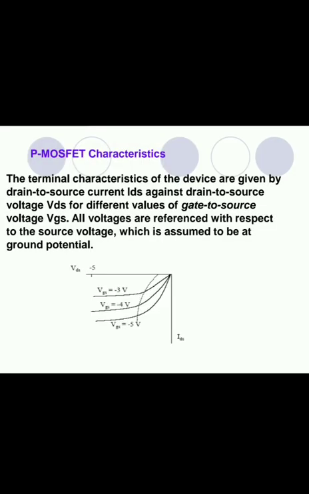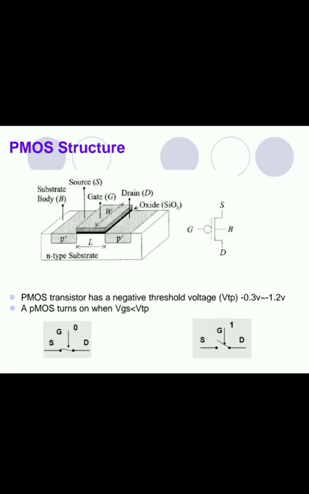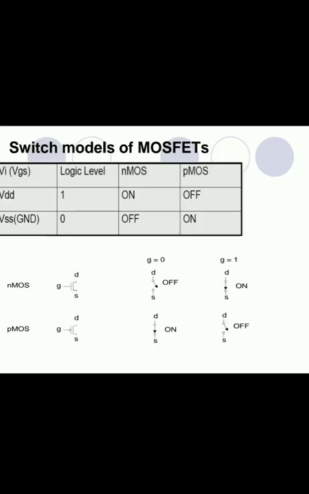For PMOS, what do we need? VGS less than, meaning VGS should be negative. So here if VGS is negative, meaning VSS is negative, your PMOS will be on. And if it is positive, PMOS will be off. So this is what we have seen as MOSFET as a switch.